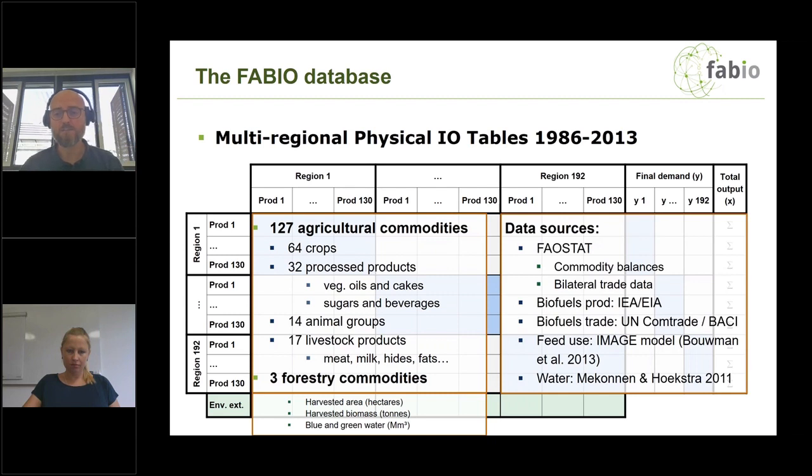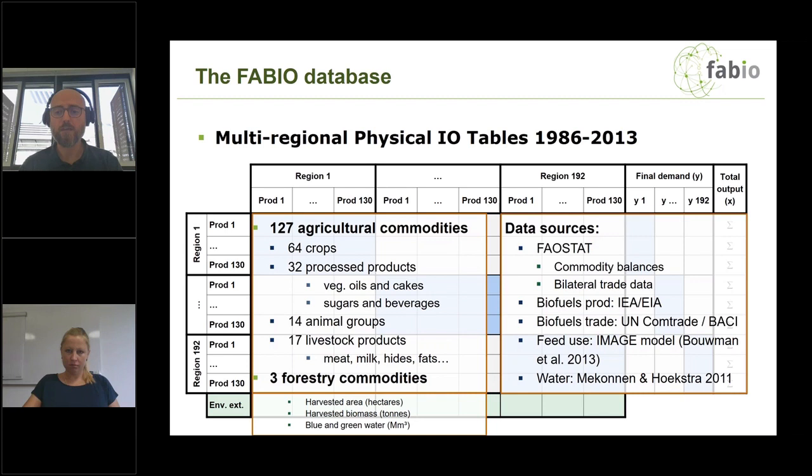The data sources that we use to build this database are mainly FAOSTAT. From FAOSTAT, we sourced many different data sets, but the most important ones are the commodity balances and the bilateral trade data. For biofuels production, data from the International Energy Agency and from the Energy Information Administration.